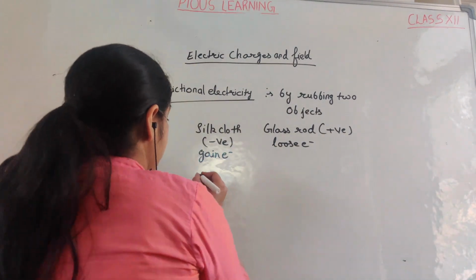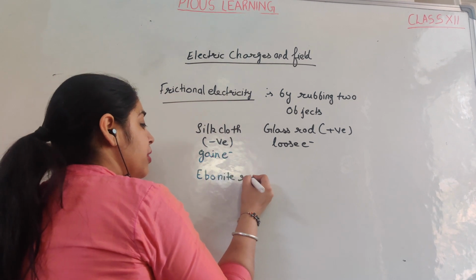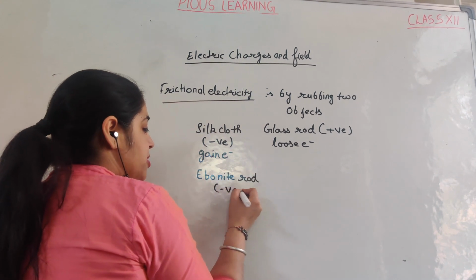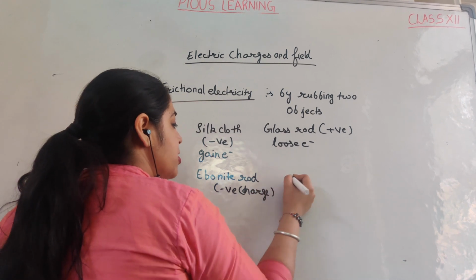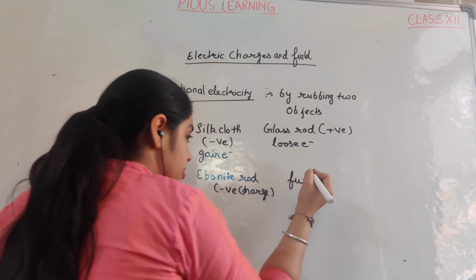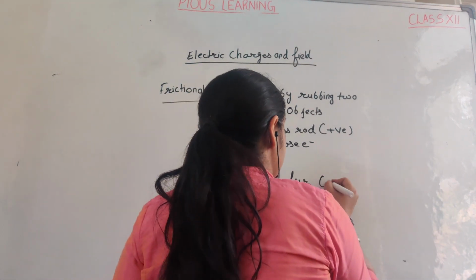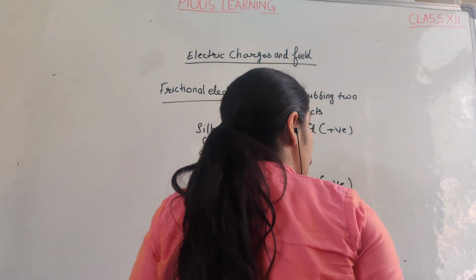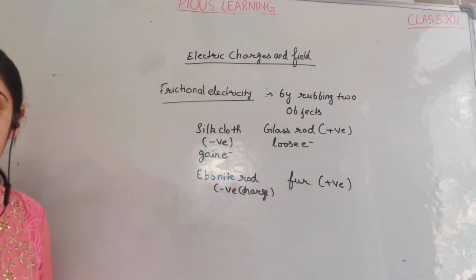The ebonite rod will acquire negative charge because it will gain electrons, and the fur or cat skin will acquire positive charge because it will lose electrons. So whenever two things are rubbed together, such a process is known as frictional electricity.